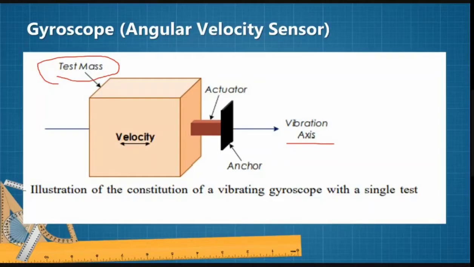It is the second type that will now be covered in detail. A vibrating gyroscope has one or more test masses that are vibrated by an actuator. So this is the actuator that makes the movement. The test mass thus performs a periodic linear movement.